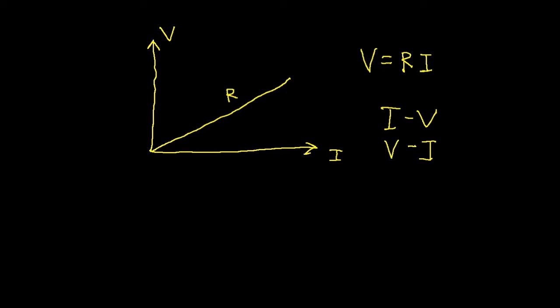But the idea is it shows us the current and voltage characteristics of a resistor. These VI curves can be used to model what happens in nonlinear circuits, and it can actually be quite useful. So this concludes the presentation of Ohm's Law.